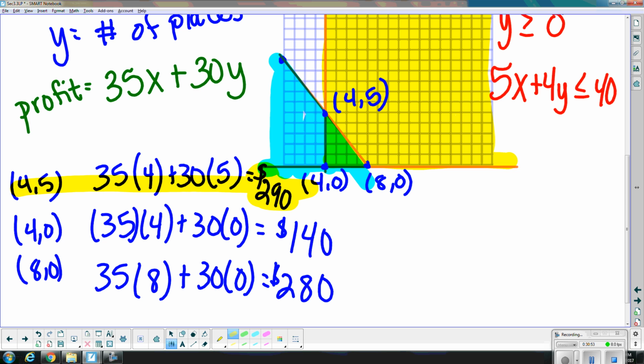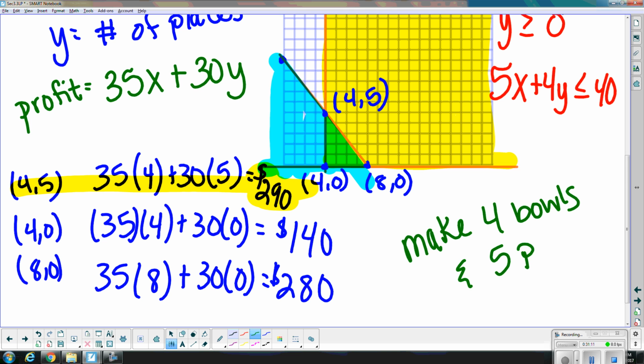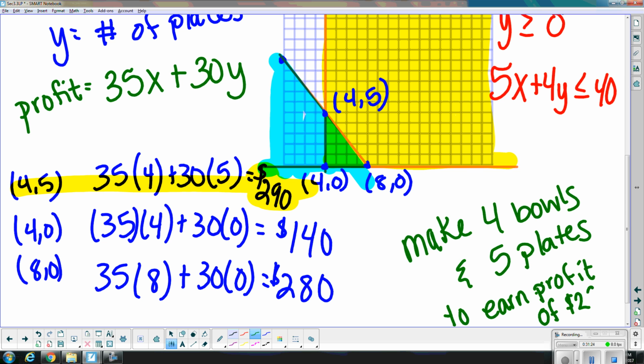So just with this given information, I would want to make, or the potter would want to make 4 bowls and 5 plates to earn a profit of $290.